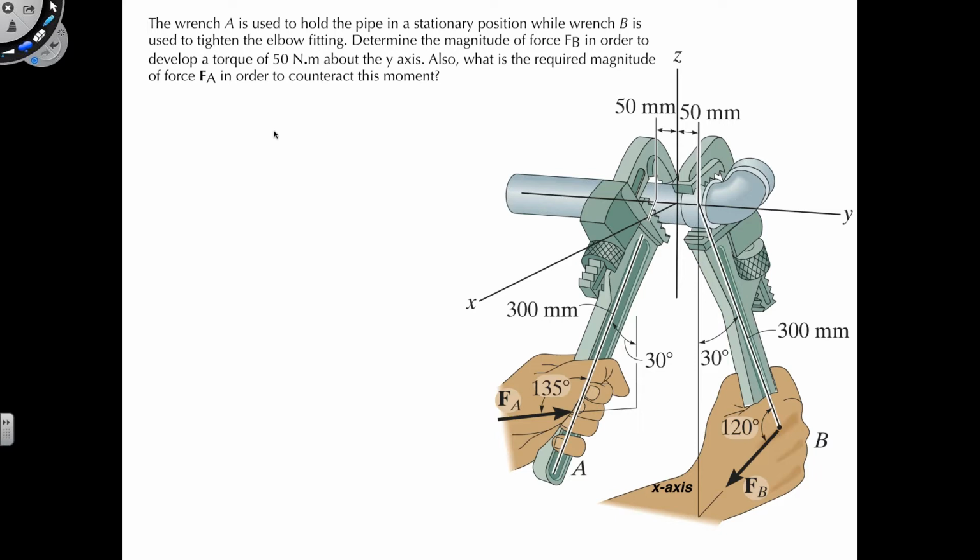Because it says about the y-axis, we know that this is our specified axis. Now it says determine the magnitude of force FB in order to develop a torque of 50 newton meters about the y-axis.